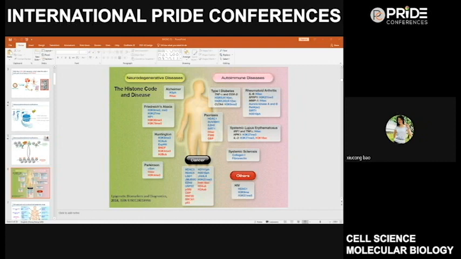So it's very difficult for us to profile those binding proteins if we use traditional affinity pull-down experiments.